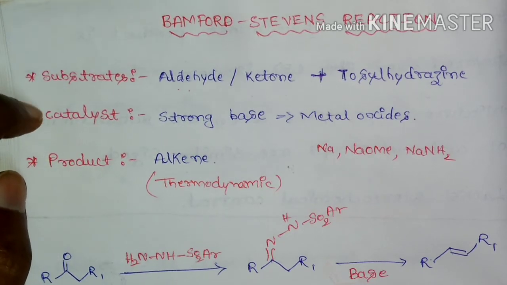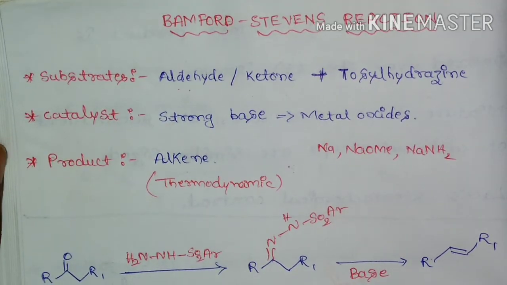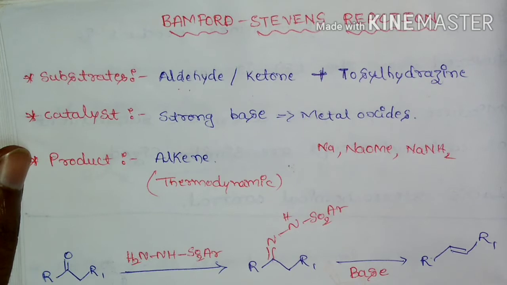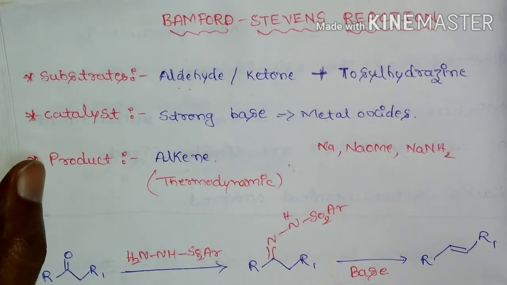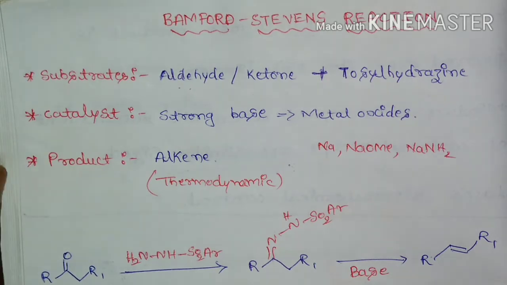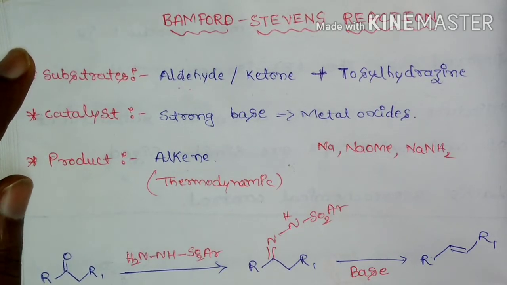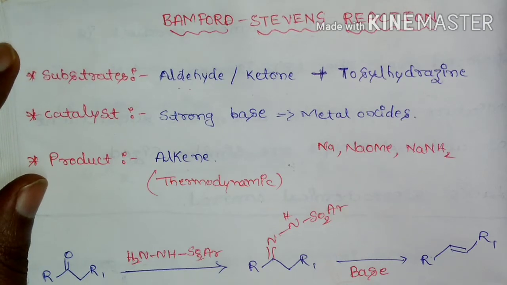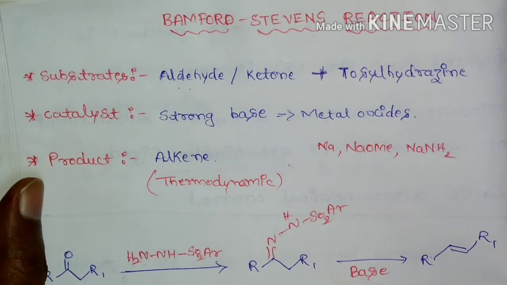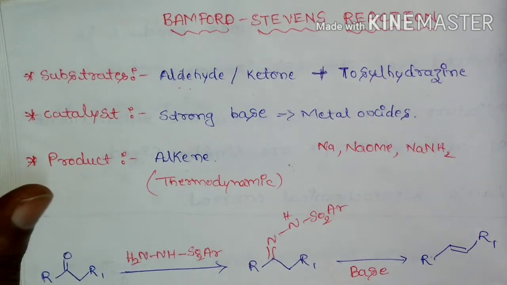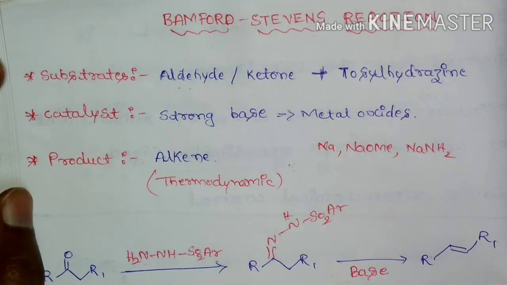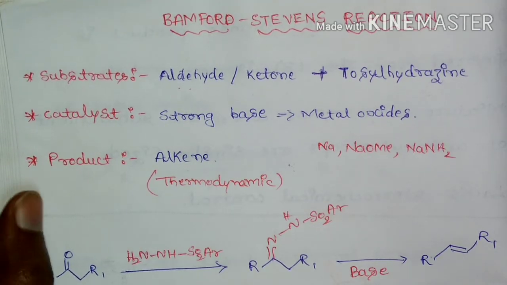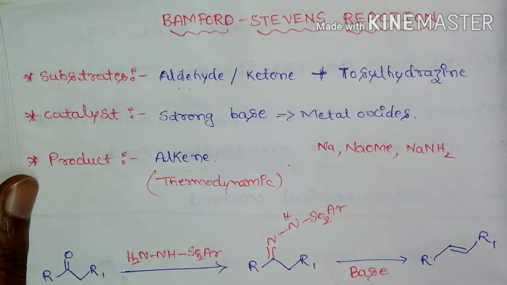That tosyl hydrazone, upon treatment with strong base, usually metal alkoxides, will undergo decomposition to give alkene. If the starting aldehyde or ketone is unsymmetrical, there is a chance of getting two products, the kinetic product as well as the thermodynamic product. But if we do the Bamford-Stevens reaction using a metal alkoxide as a strong base, then the thermodynamic product will be the preferred product.